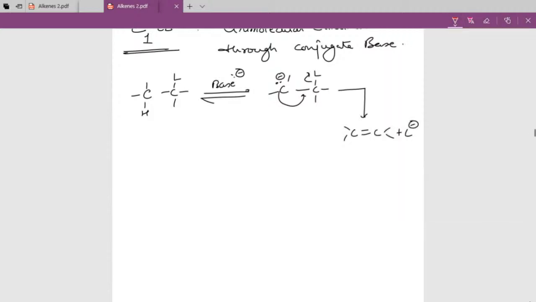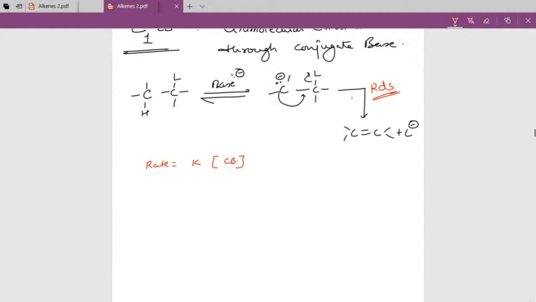As the first step is highly reversible, the second step is the RDS. The first step is highly reversible as the carbon hydrogen is a very, very bad acid. If I take the second step as RDS, my rate equation will be rate constant into concentration of conjugate base.